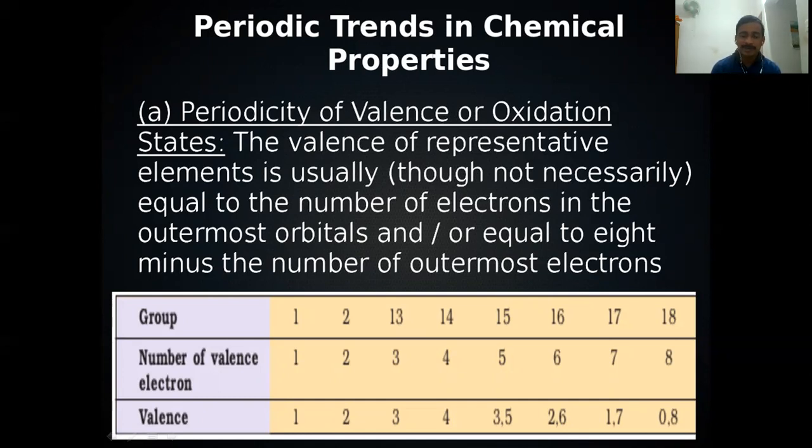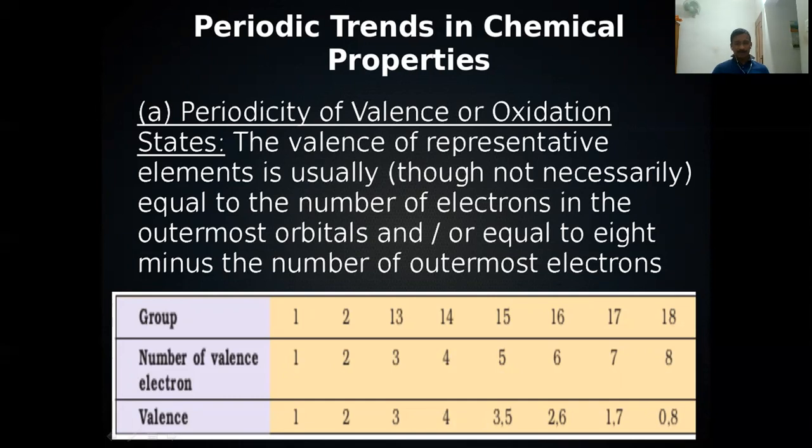Based on these valence shell electrons, we developed a term known as valence or valency, which explains the ability of an atom to combine with other elements. Valency is defined as the number of electrons in the outermost shell, or 8 minus the number of electrons in the outermost shell.